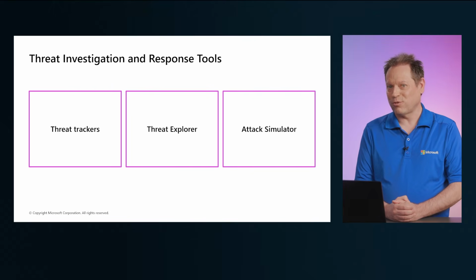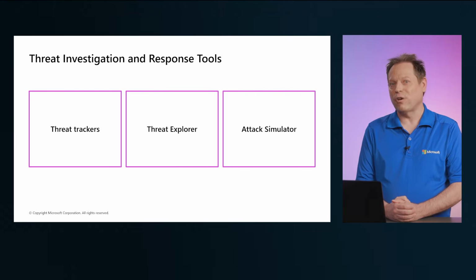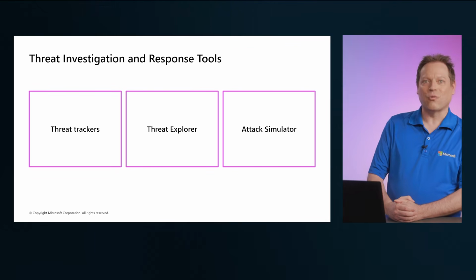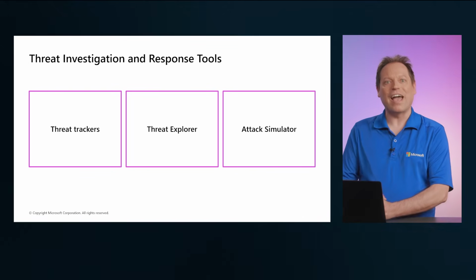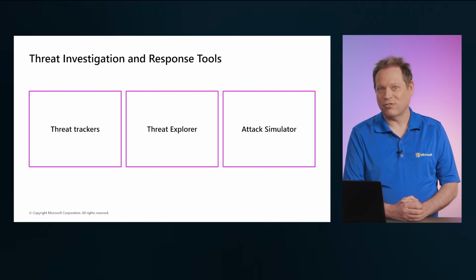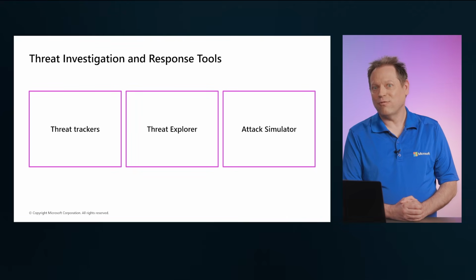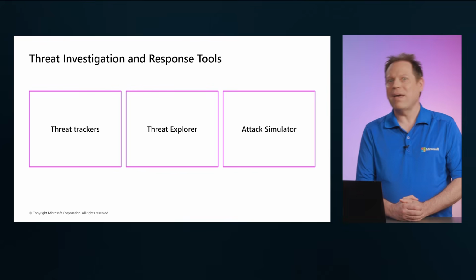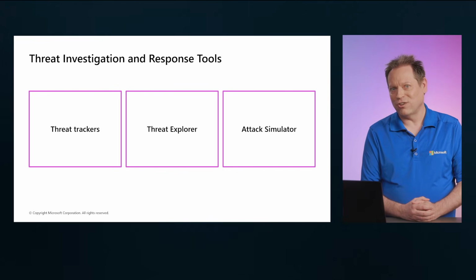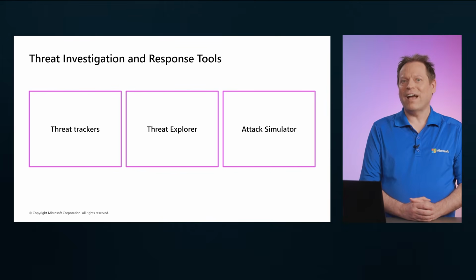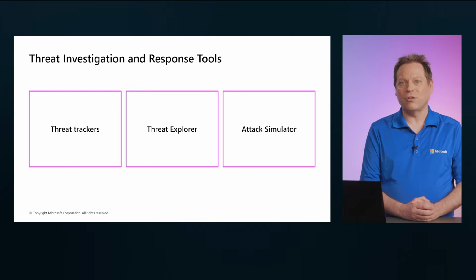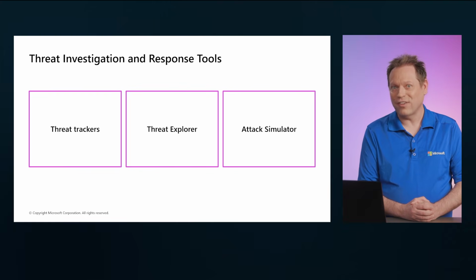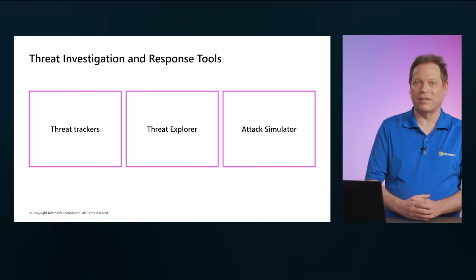Another key tool is Threat Explorer, also referred to as Explorer or real-time detections. This is a real-time reporting experience that helps you identify and analyze recent threats, and you can configure it to show data over a custom time period depending on your investigation needs. And for validation and training, the attack simulator lets you run realistic attack scenarios within your organization to identify vulnerabilities.